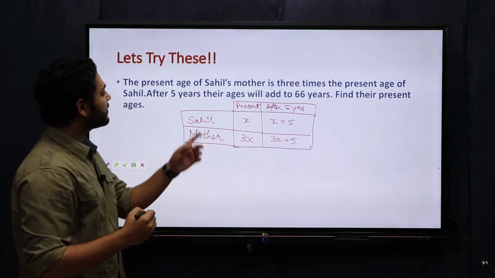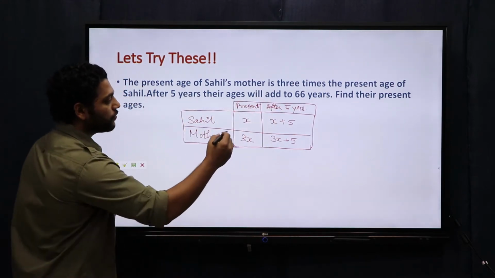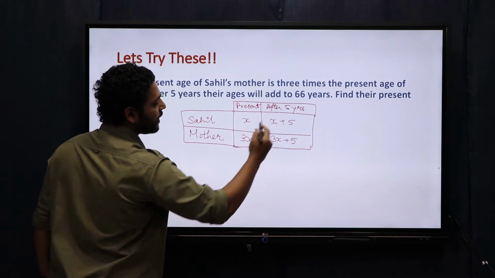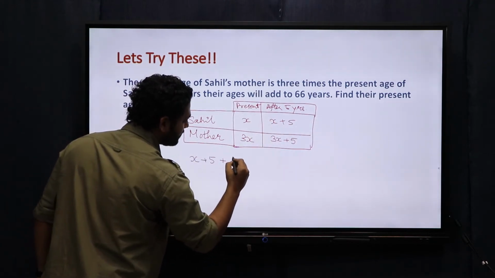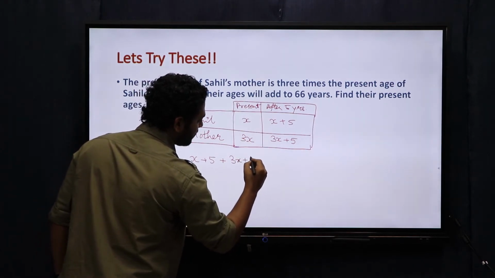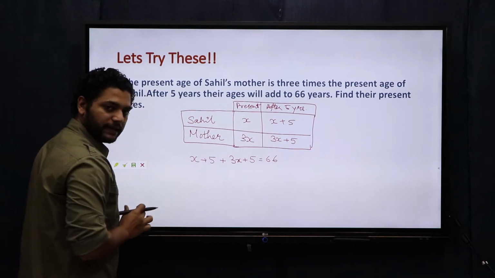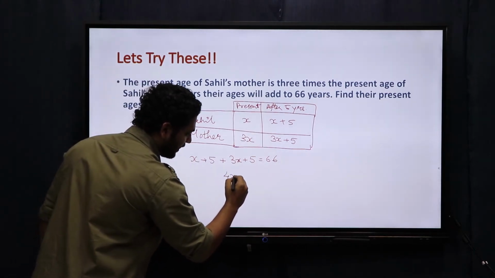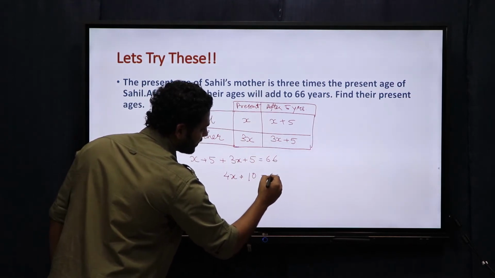And it is given that after 5 years, their ages will add to 66. So, these two ages will add to 66, that is x plus 5 plus 3x plus 5 equal to 66. Now, combining only the variables, 4x plus, combining the constants, 10 equal to 66.